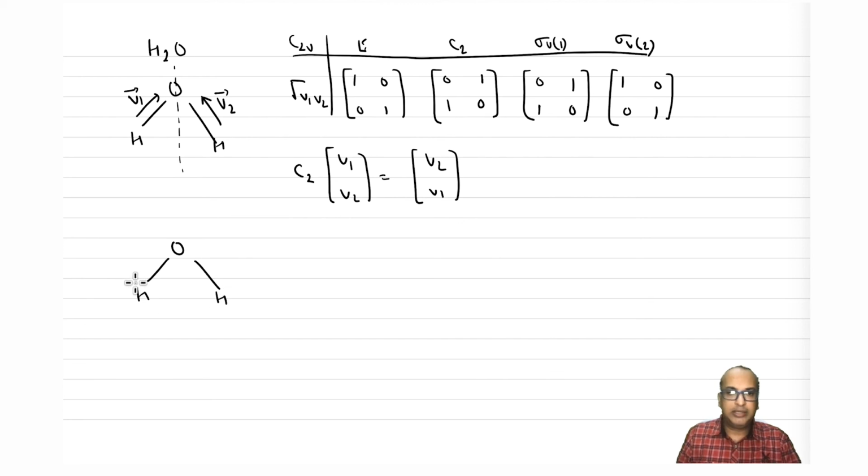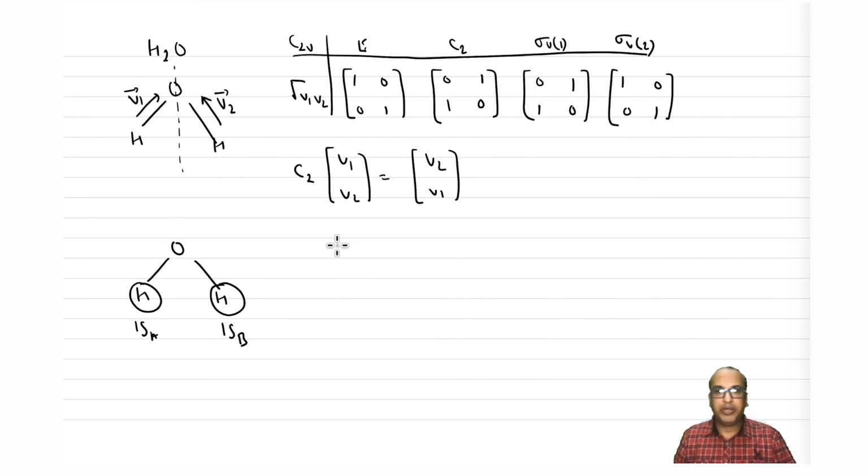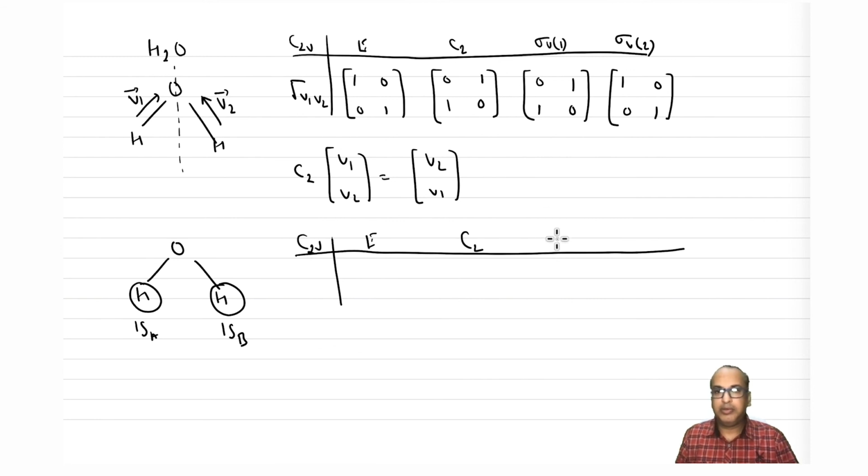Let's write another representation for water where now the basis set is the s orbitals on the hydrogens of water. So one is A, let's call it 1sA, and one is 1sB. Okay, so if we do that, what do we have? As you can see, this will be exactly the same as above.